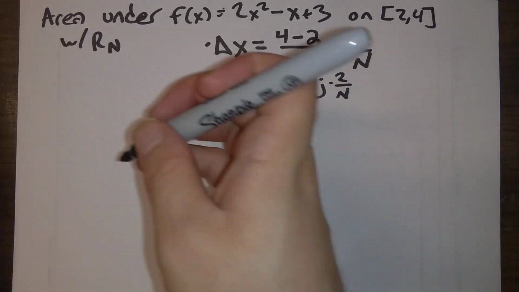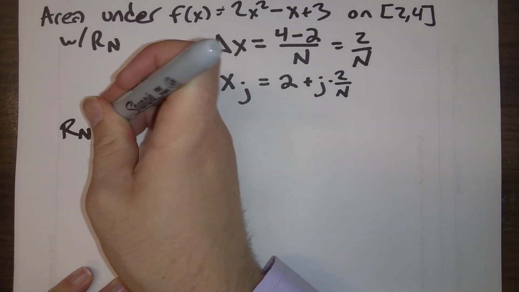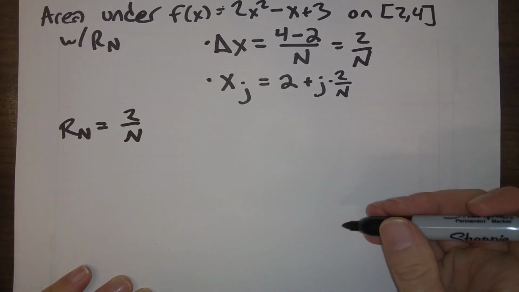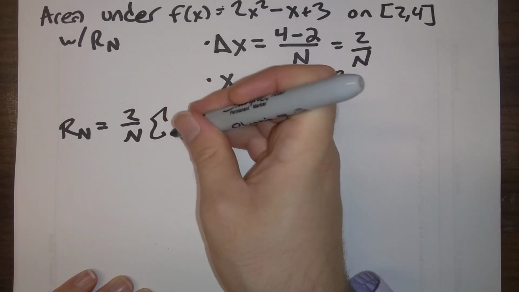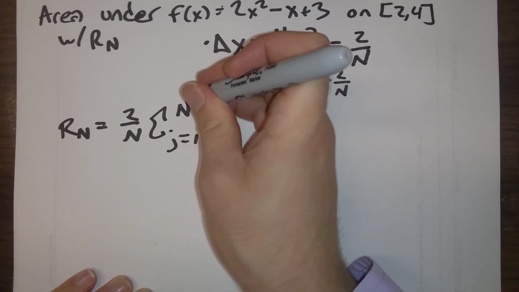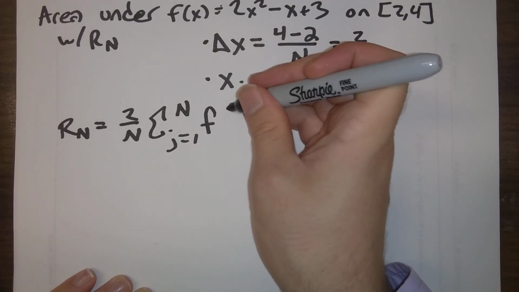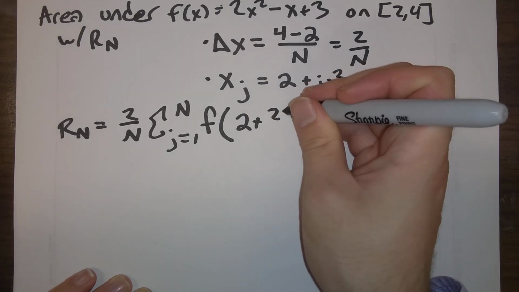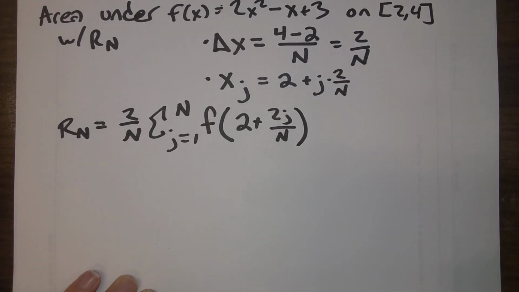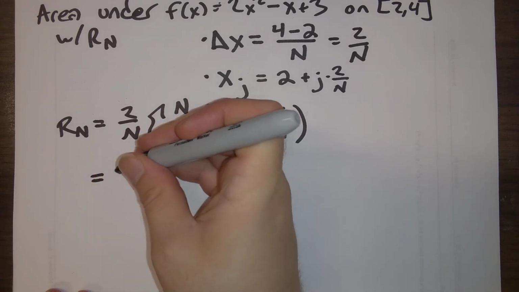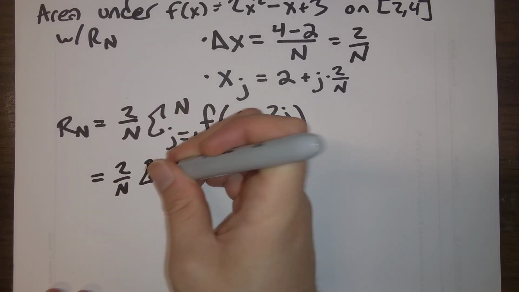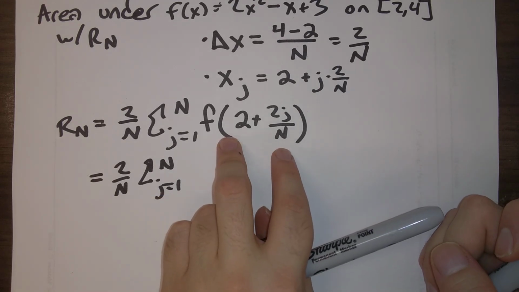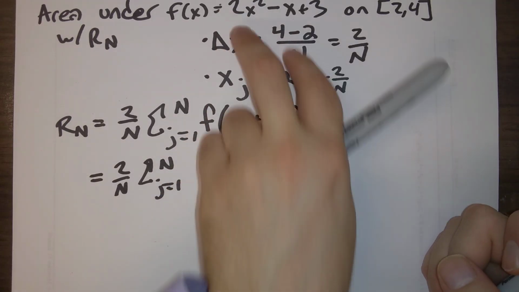R sub n is delta x, 2 over n, times the sum from j equals 1 to n of f of x sub j, 2 plus 2j over n. At this point, we want to plug in 2 plus 2j over n into our function.